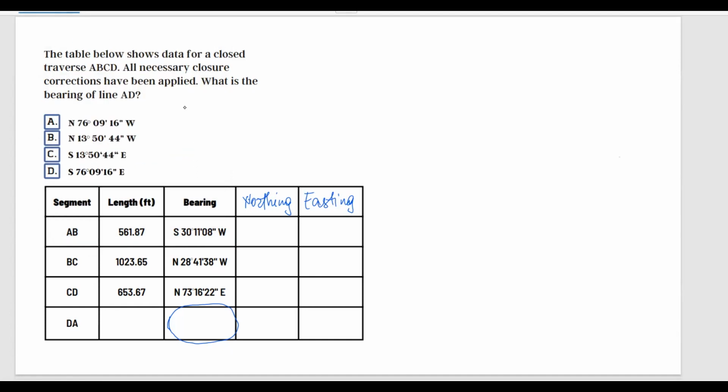Okay, so starting from here, I have AB as southwest 30 degrees. So I'm going to go this much. South, and this is west. And this distance, I'm told, is 561. So I'm going to write it here.